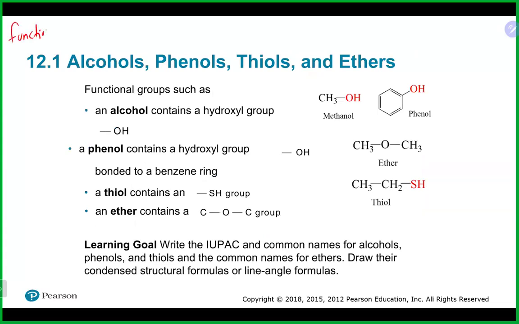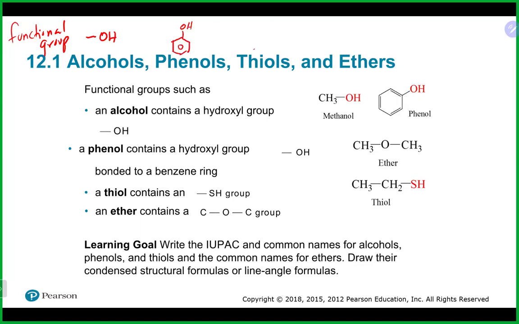Remember, the functional group is the part of the molecule that makes it a certain type of compound. The alcohol functional group is the OH group, so it has to have an OH group on it to make it an alcohol. Phenols, as we just saw, are a benzene ring with the OH, right?